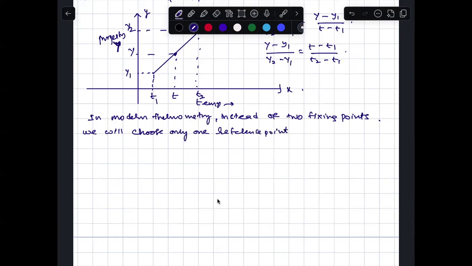And what is that reference point? Triple point of water.